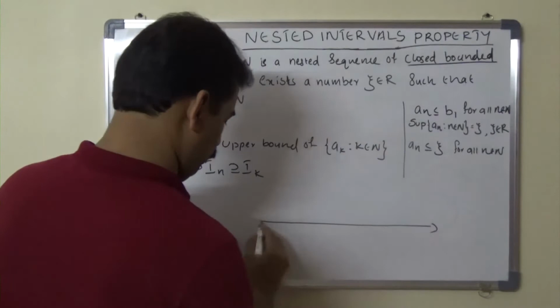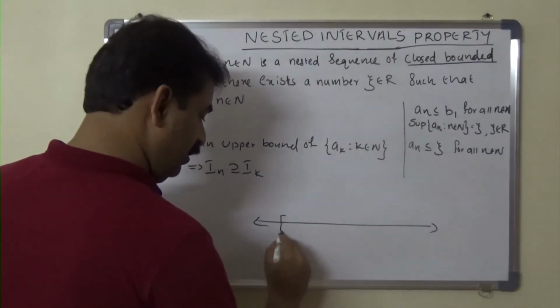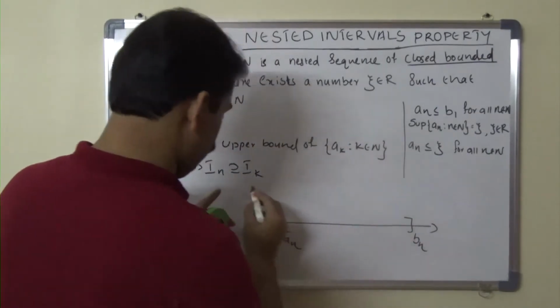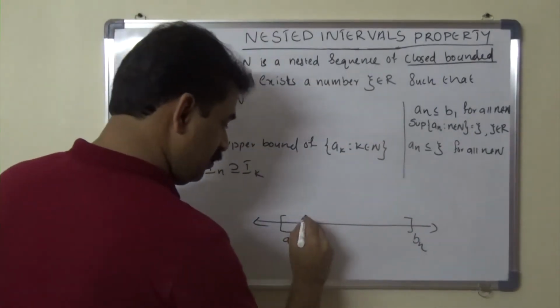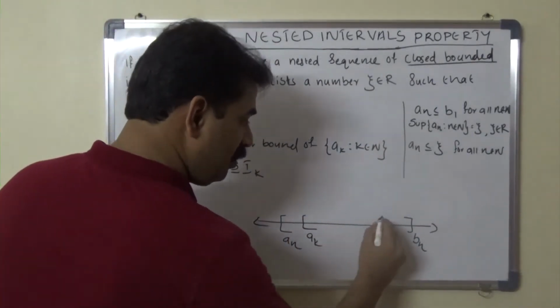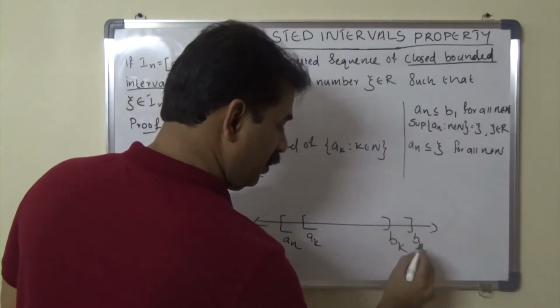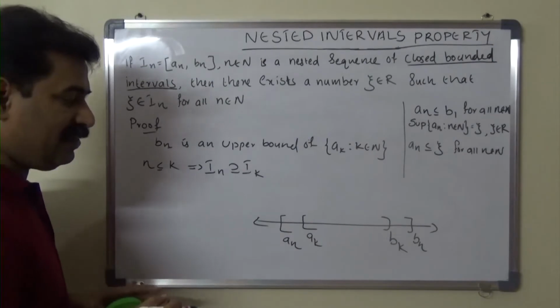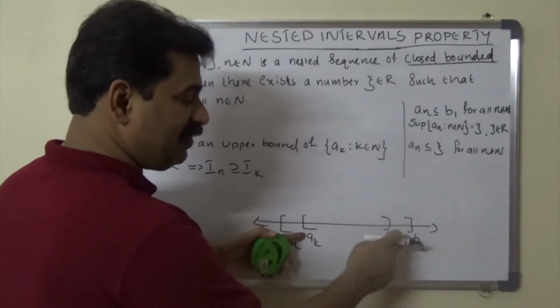So we can draw these intervals. This is In, that means closed interval An, comma Bn, and In contains Ik, which is closed interval AK, comma BK. In this case, we have AK is less than or equal to BK, and BK is less than or equal to Bn.